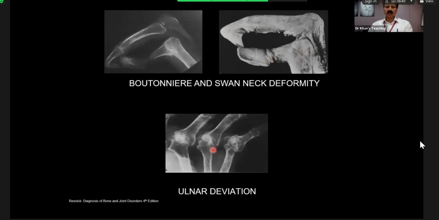This will happen in advanced RA, where you can see at the metacarpophalangeal joint there is subluxation and deviation to the ulnar side. These three words should be in your vocabulary when you are tackling a case of arthritis mutilans, which is an exam case, though a very easy exam case, but the main thing will be the viva on differential diagnosis.